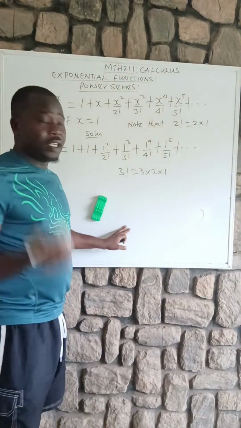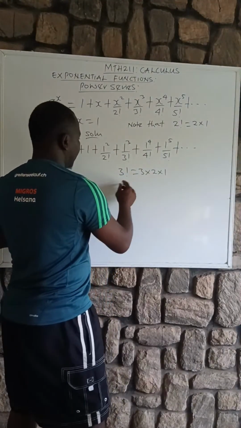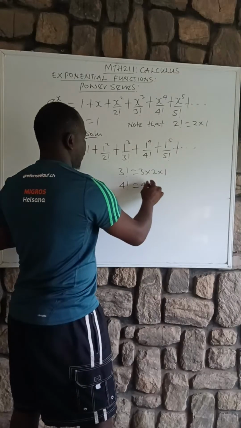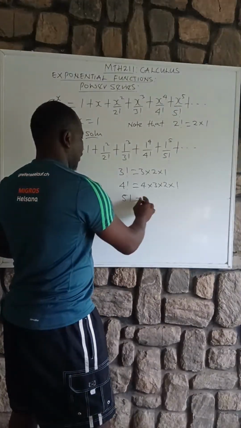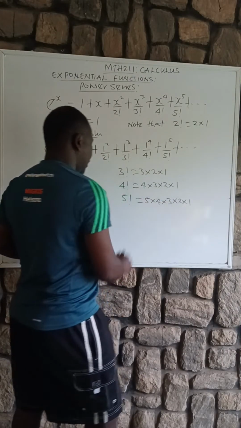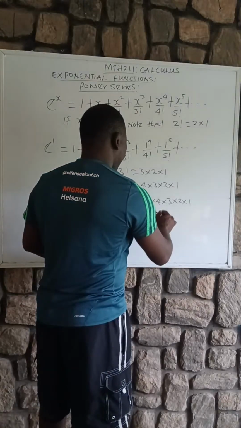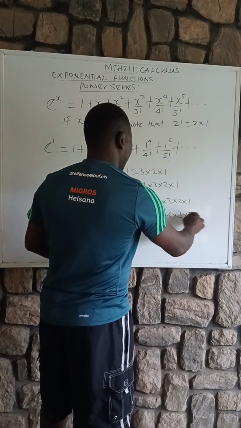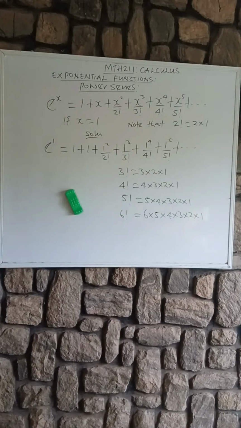I'm trying to remind you of what you're supposed to know. 4 factorial means 4 times 3 times 2 times 1. 5 factorial means 5 times 4 times 3 times 2 times 1. 6 factorial means 6 times 5 times 4 times 3 times 2 times 1. Do you understand? So far so good.